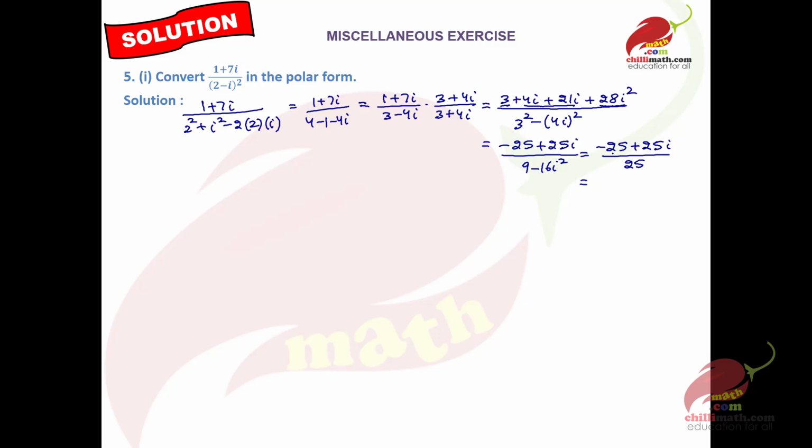So by solving this or separating this, we get minus 1 plus iota, which is in standard form. So the complex number in standard form is equal to minus 1 plus iota.